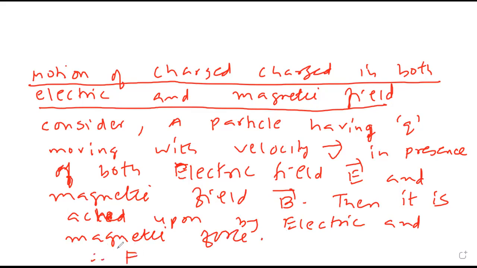Therefore, F bar equals q E bar plus q into v bar cross B bar. Please copy this much. Net force is the sum of electric plus magnetic, I have written.